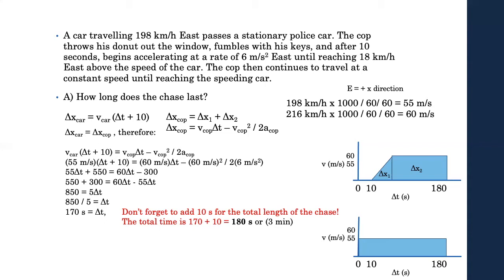But he wasn't always going 60 meters per second. It takes time for him to accelerate to that speed. And so what I did is I subtracted the distance it takes to accelerate to that speed from this section of the area. So now instead of having just 60 times the total time, you have from here to here and whatever it takes to accelerate. Does that make sense?